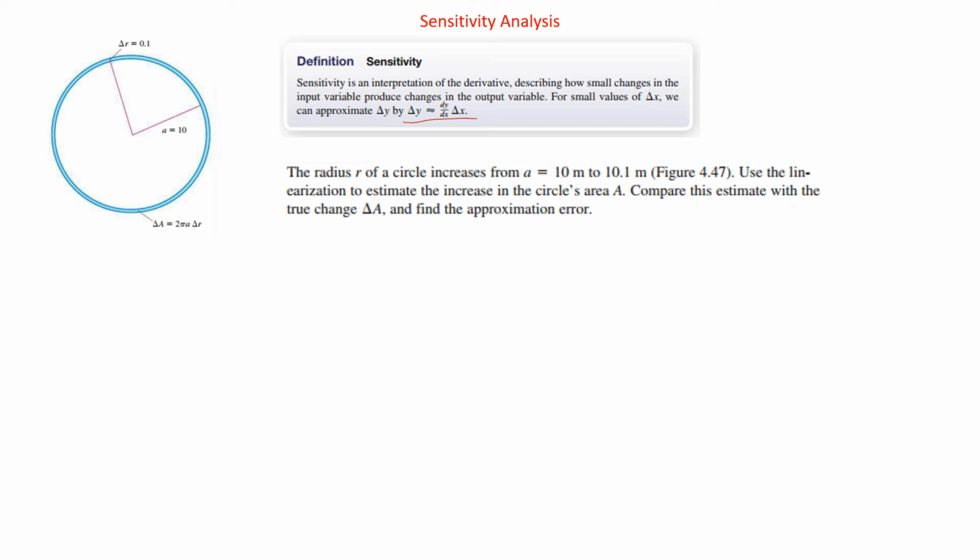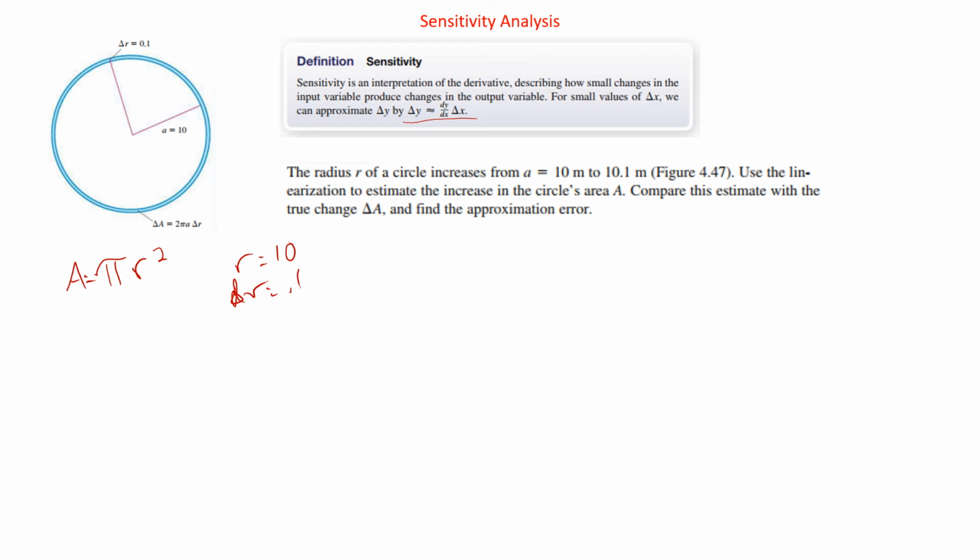So we know that the area equals pi r squared, and r equals 10. Delta r, or dr, equals 0.1.